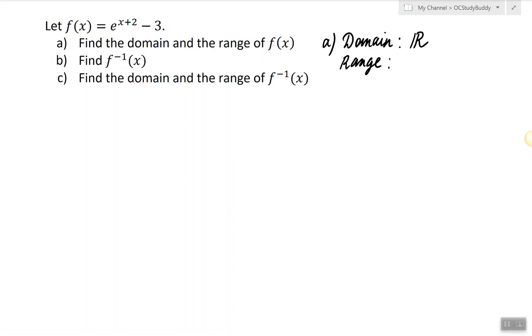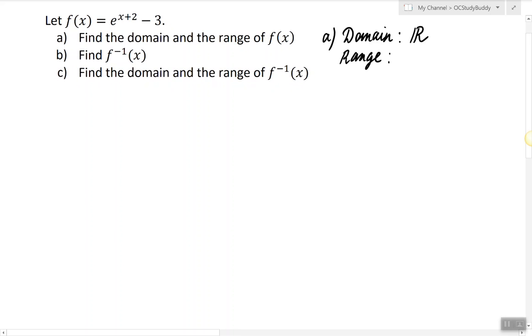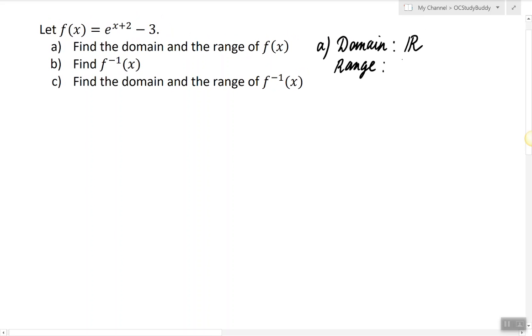In this case, the range before any transformation is applied is from 0 to infinity. After you bring the entire graph down by 3 units, the range also goes down by 3 units, so the range of this function is from -3 to infinity.